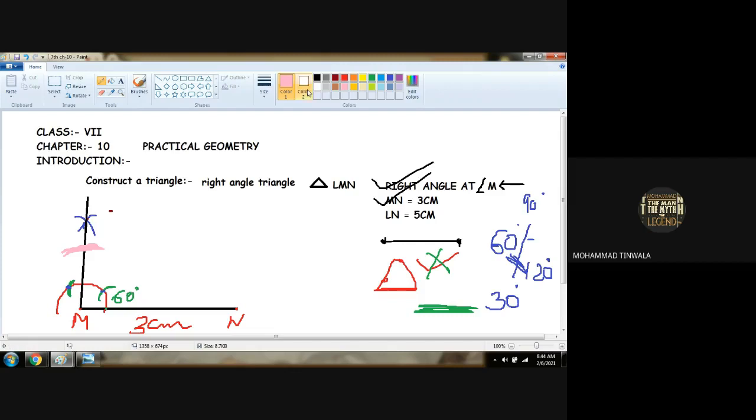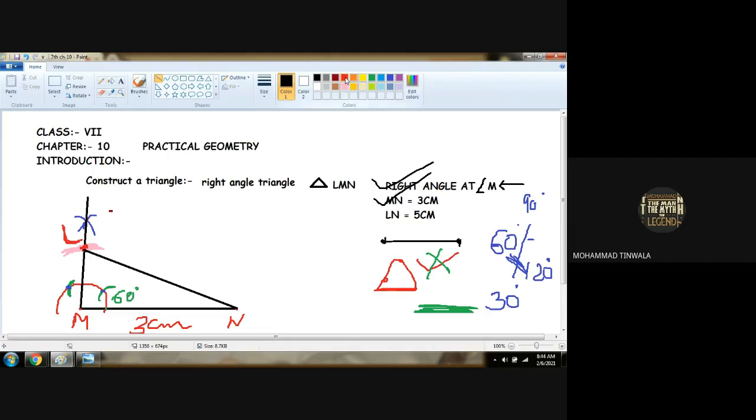At this point, we have to place point L. And we have to join our line segment LN.